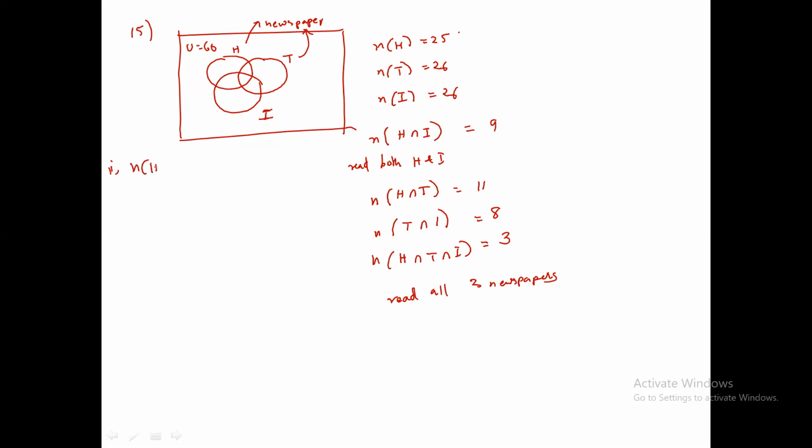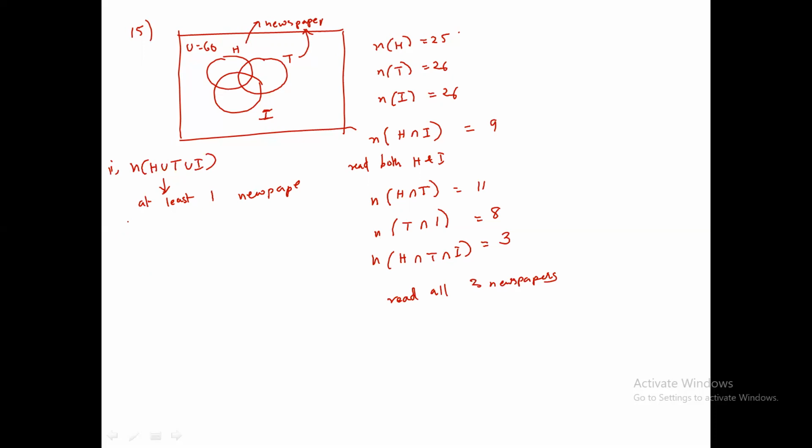At least one: H union T union I. This represents those who read at least one newspaper. That means they may read one paper, two papers, or all three. Any one paper, any two papers, all the three papers. So that you have to find.